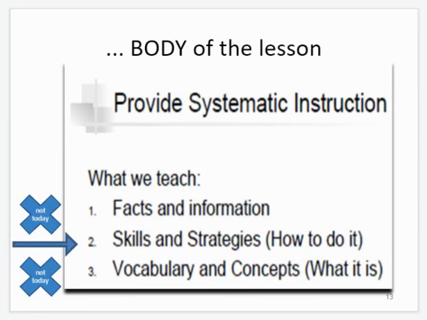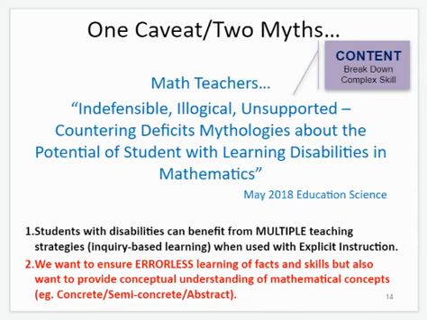So when we think about explicit instruction, we do have some misconceptions, especially from math teachers. We might be thinking this is really just giving them more procedures, telling them, but it is about the engagement. Students with disabilities can benefit from multiple approaches.